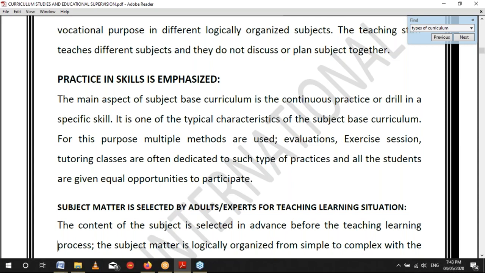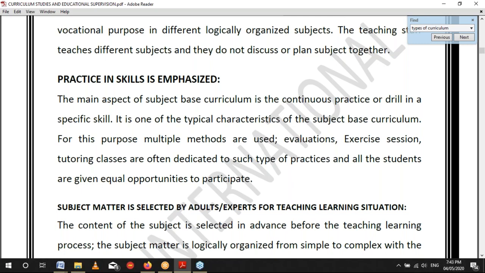So the teachers will sit down and plan for the lecture, for the lesson, and the students also will sit down and learn in advance. The time allocated to them is there also.